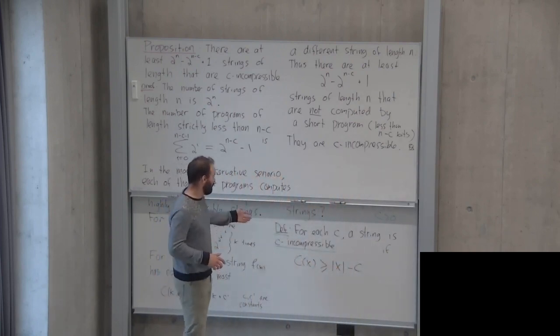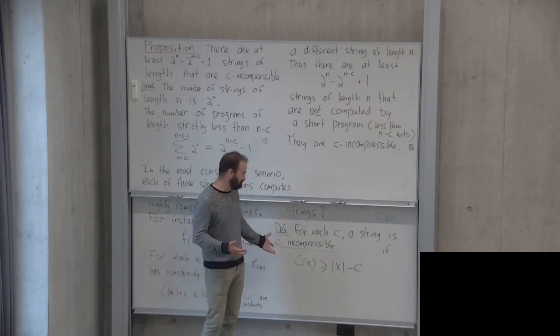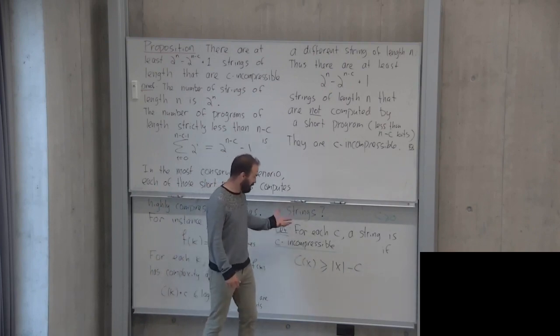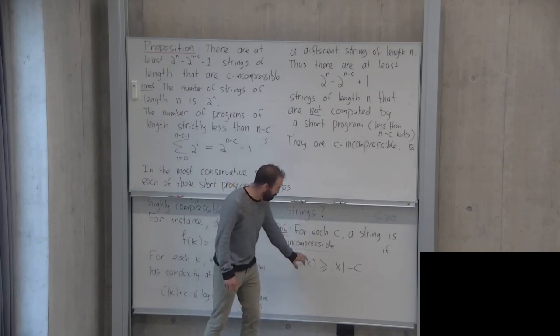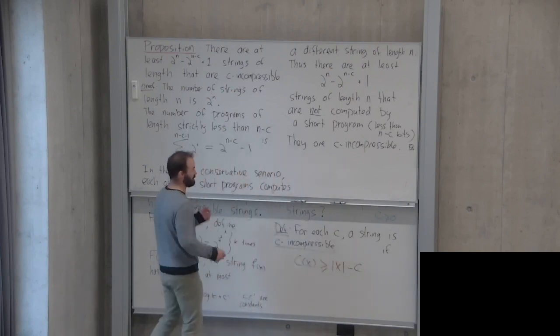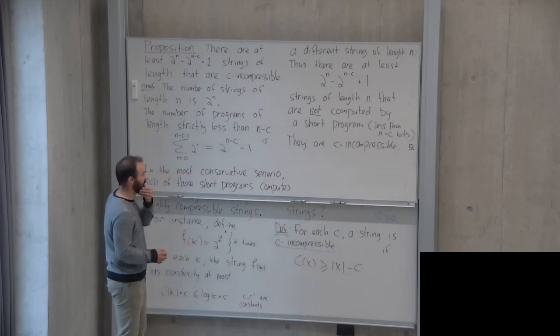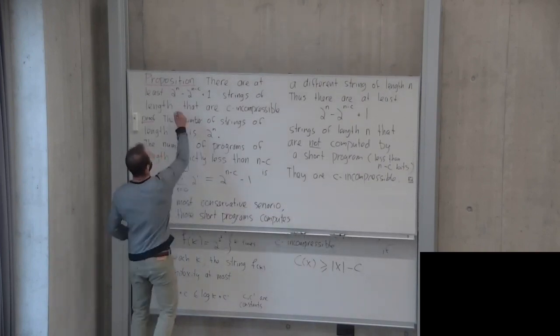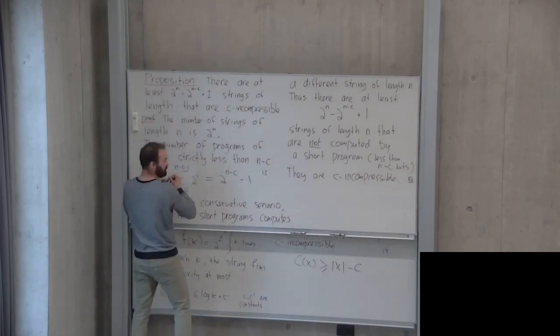Now, this was our definition of C incompressible. A string of length n is going to be C incompressible if its complexity is larger than n minus C. Basically, its length minus a few bits. And we've shown that this is the number of C incompressible strings.